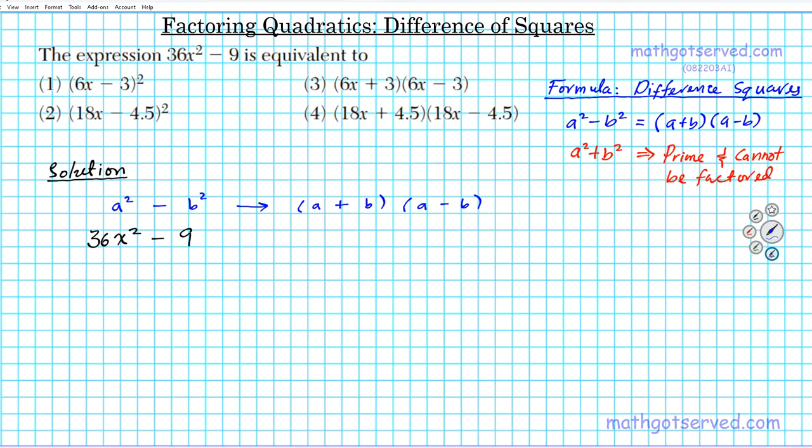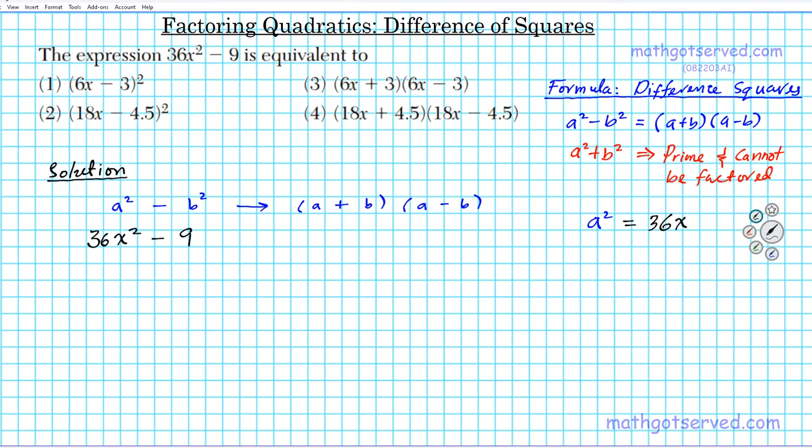Based on this setup, a squared is 36x squared. If a squared is 36x squared, then what is a?